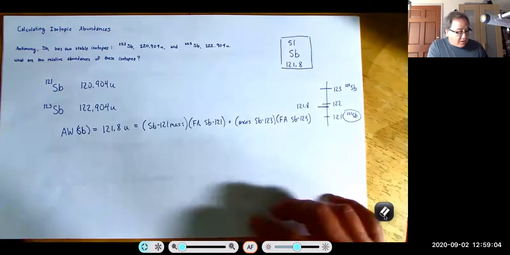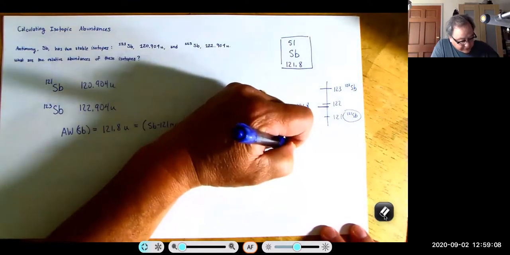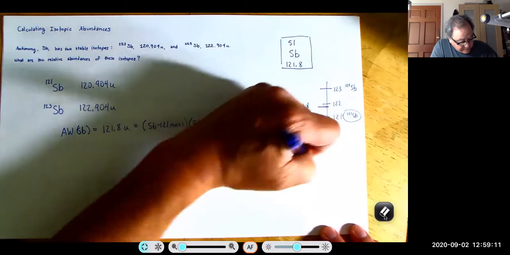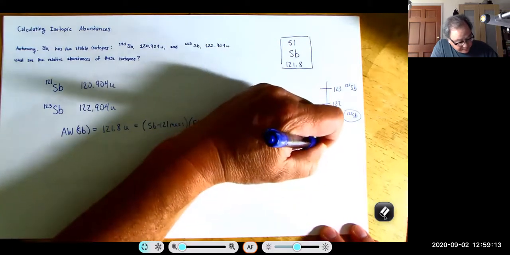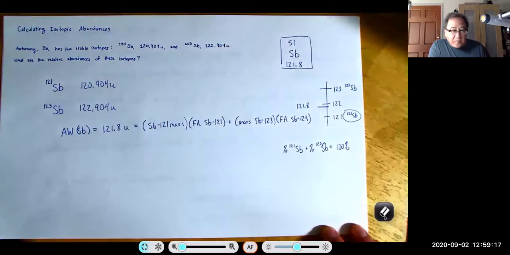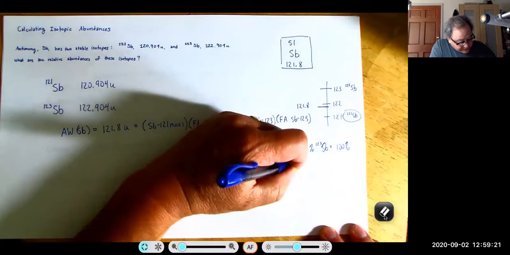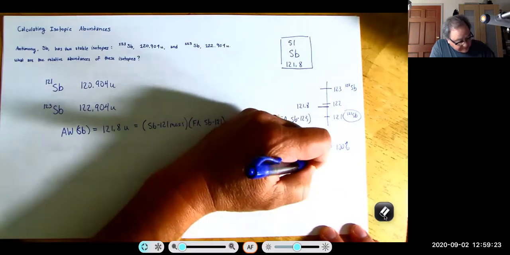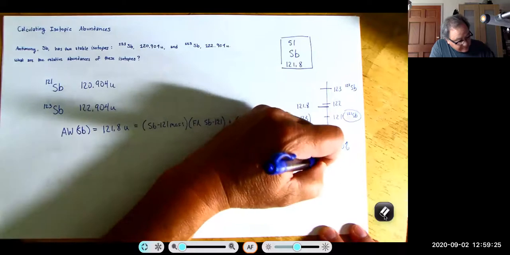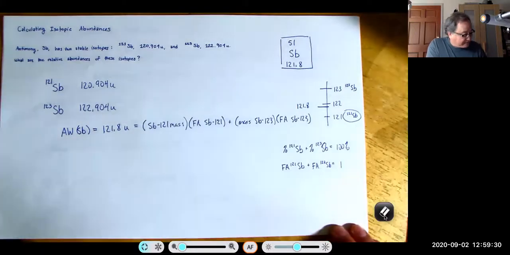Now, do you recall that I told you that when you add up the percent abundance of these two, you get 100%. What happens when you add up the fractional abundance of each of these? You get 1, and that 1 is exact.